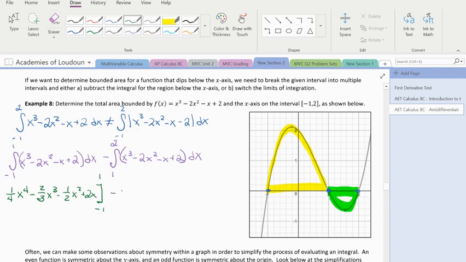And then we're going to subtract, and again, we're going to have the same antiderivative, 1/4 x to the 4th minus 2/3 x cubed minus 1/2 x squared plus 2x, and we're going to evaluate that from 1 to 2. As you go through that math and evaluating the fractions, you should get a value of 37/12. So make sure you've got that and understand where that came from.